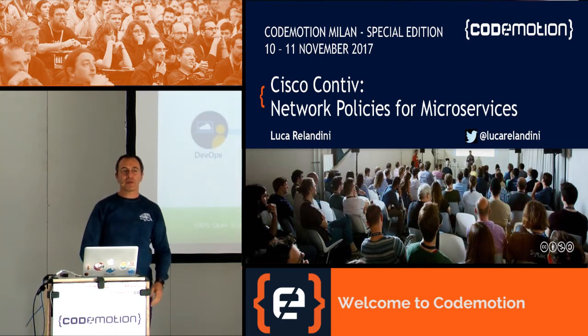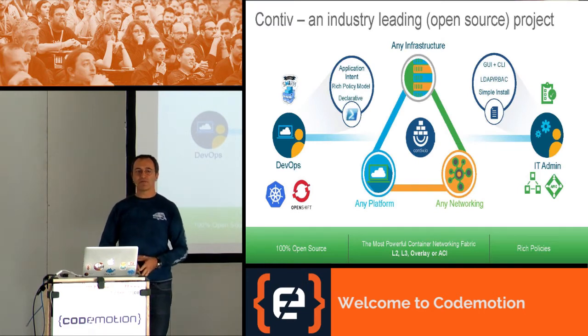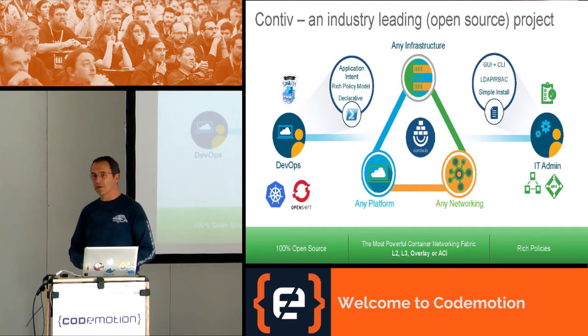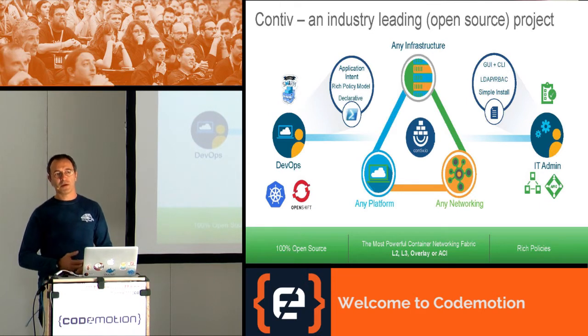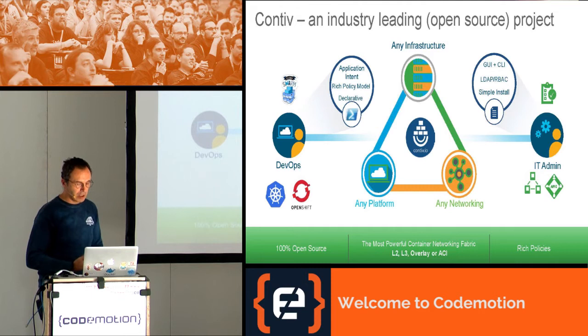Contiv is an open source project created by Cisco. It has been given to the community. It is available on GitHub, so you can go there, download it, use it for free. You can even help the development, so you can contribute to the evolution of the project.